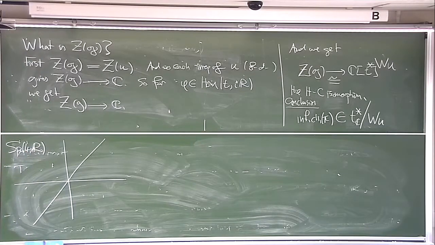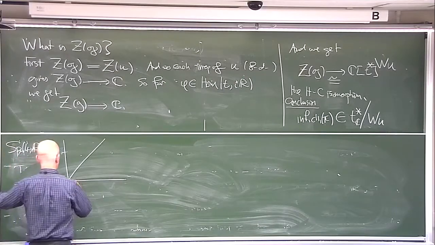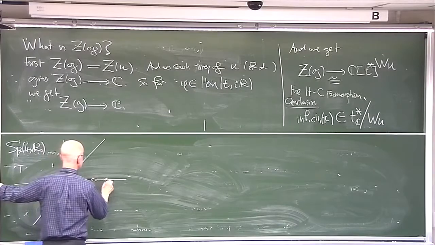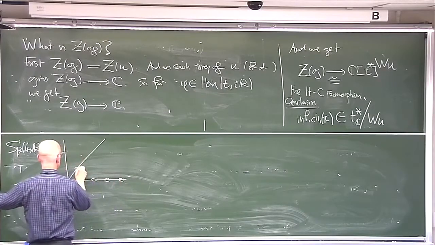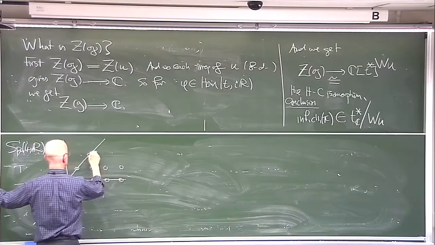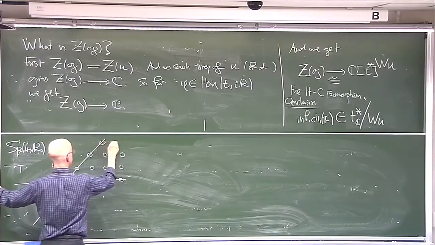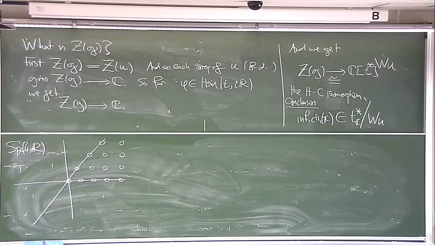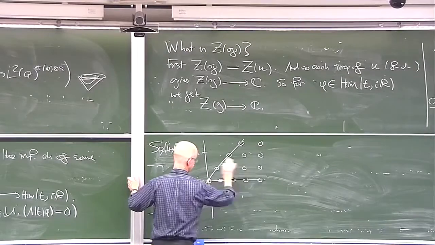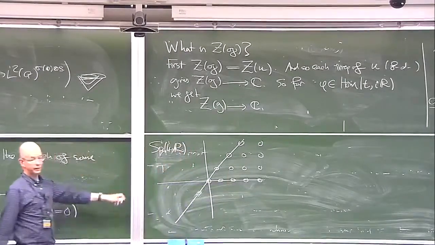And inside of SP4R, there is some lattice. I'm not going to be able to draw very well, something like this, of potential, what should we call them, Weyl parameters, potential phis which appear in this formula. And they all sit in one orbit like this.